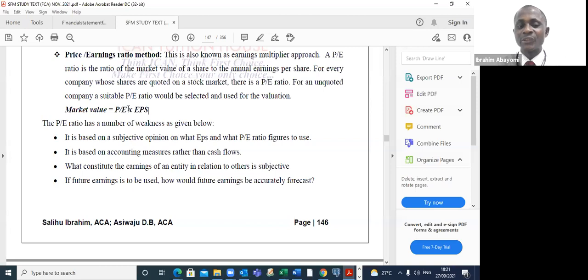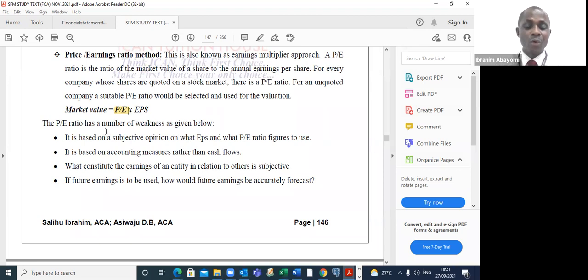Price earnings ratio is available to a company that is quoted. You can go to the stock market and get the price earnings ratio of my company's share. But where the company is not quoted, where will you get that price earnings ratio?